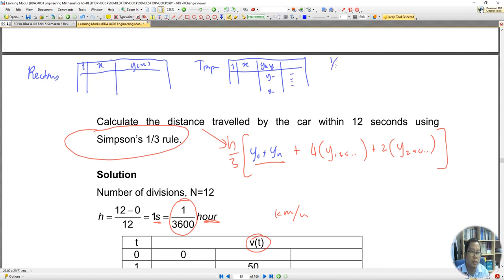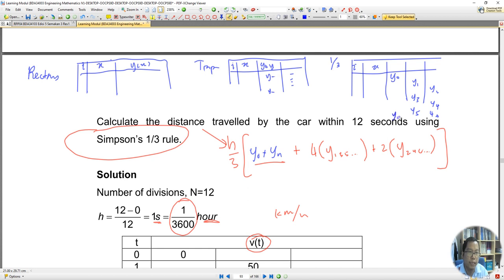How about the 1/3 rule? For 1/3 we have i and then x, then we have first and last, then odd and even. Here y0, here y1, y2, y4, y6, and y3, y5, something like that.